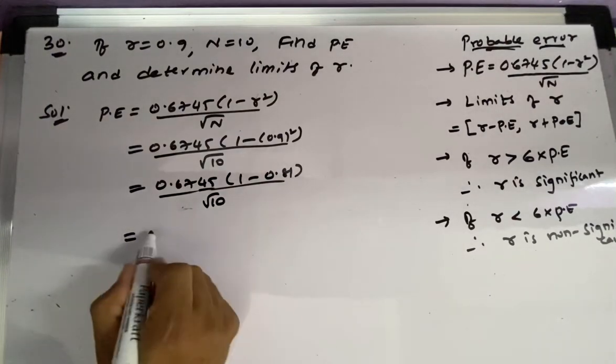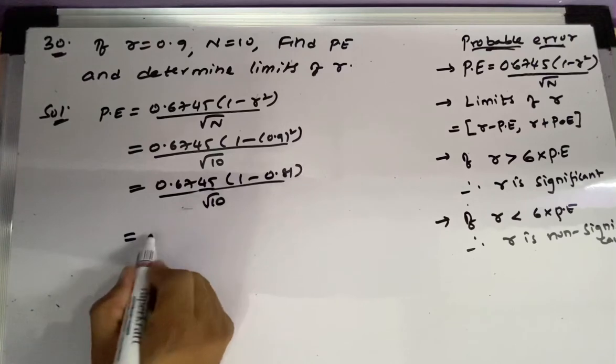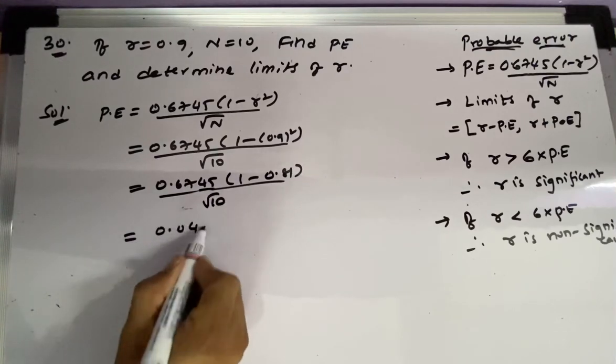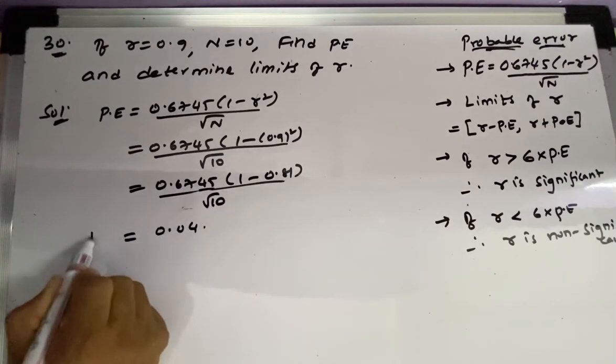If you calculate this, 1 minus 0.81, you will get 0.04 for probable error.